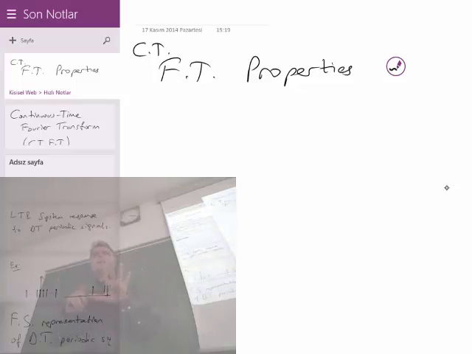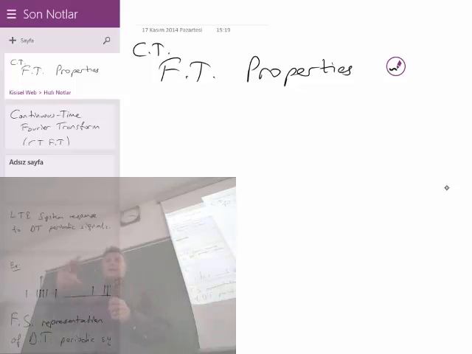Now you have to photocopy that and keep it with you all the time, and you have to bring it to the exam as well. The typical transforms. It's in your pocket. And then you have another list of, this time, properties, and we are going to cover those properties. It will be tabulated as well.